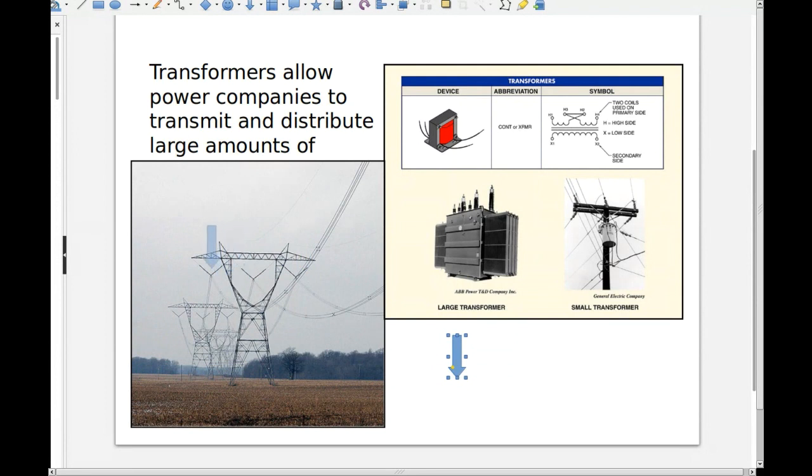But these are very, very high voltage lines. These aren't 10,000 volts like the example I just did. They're more like 500,000 volts. So they're extremely high voltage.